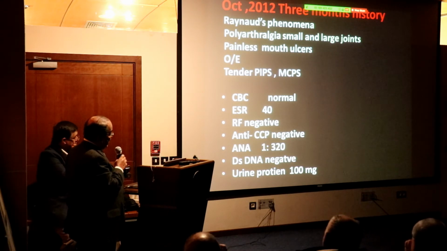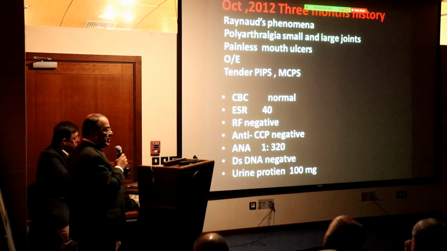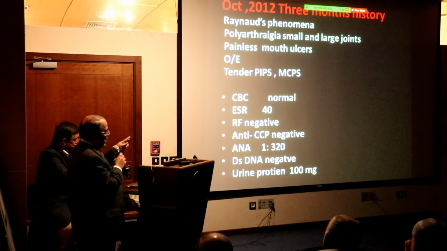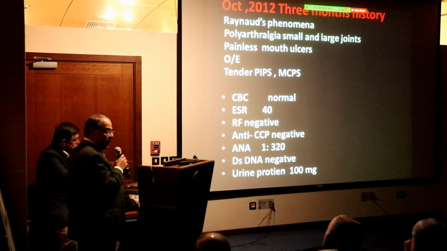So the differential here is a little wide, including rheumatoid, SLE, among others. Her CBC was normal, ESR 40. Her RF is negative and anti-CCP is negative. So if RF and anti-CCP are both negative, this almost excludes rheumatoid.